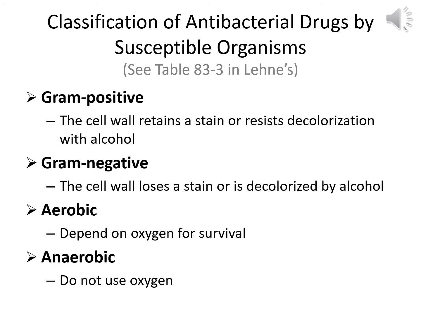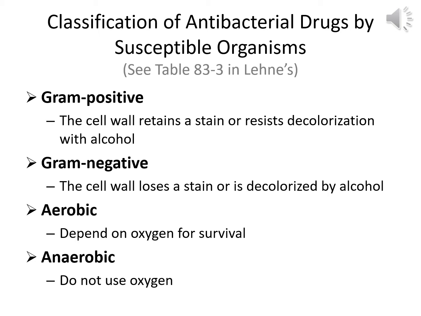So we classified antibiotics as bacteriostatic or bactericidal. We also are going to classify them based upon the susceptible organisms that they attack. Your book has a nice table, 83-3, that shows this classification. We're going to classify as gram-positive those that, if you remember, have cell walls that retain the stain or resist the decolorization during a gram stain.